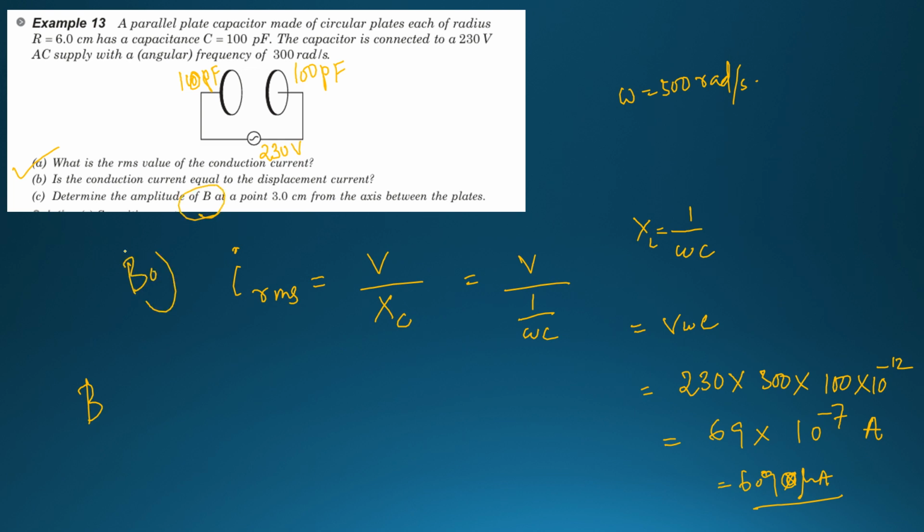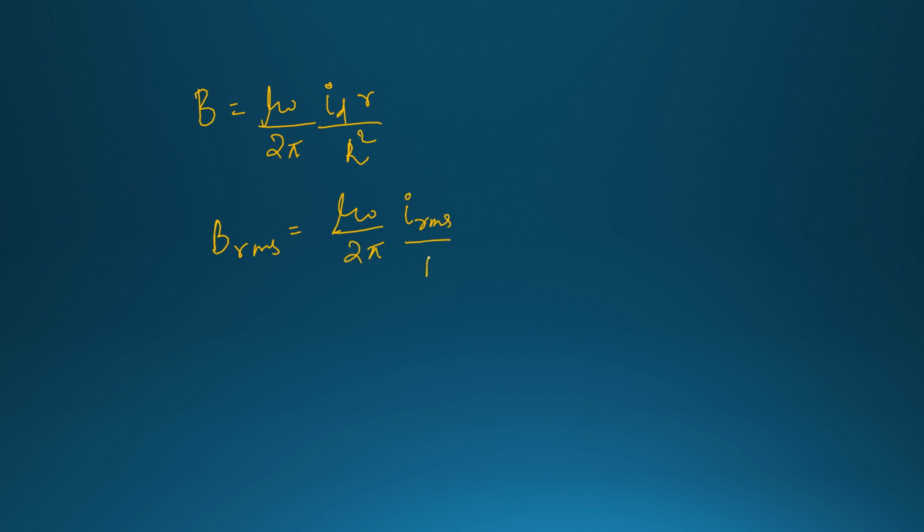The formula for B is mu naught by 2 pi, ID r by R square. You have to remember this. ID is the displacement current, and B RMS is equal to mu naught by 2 pi, I RMS by R square into r.